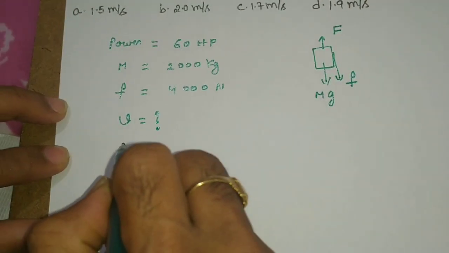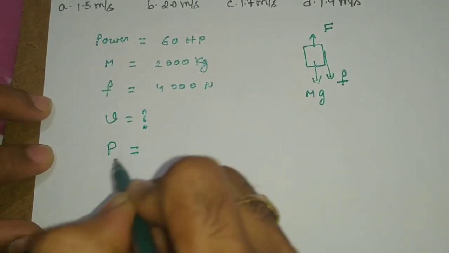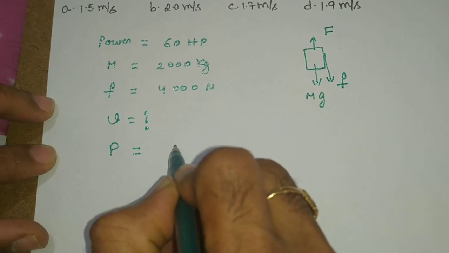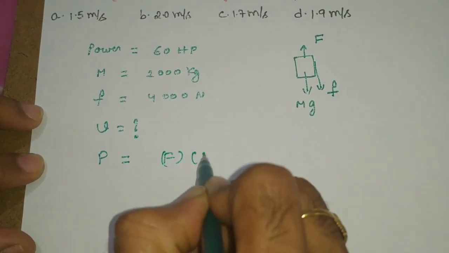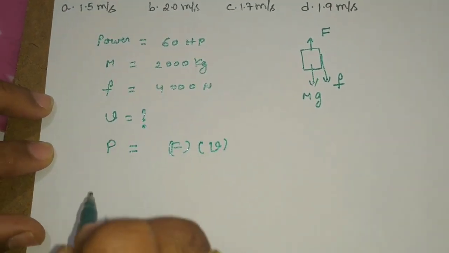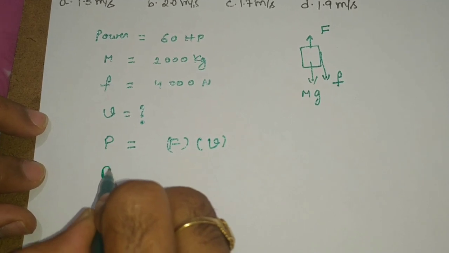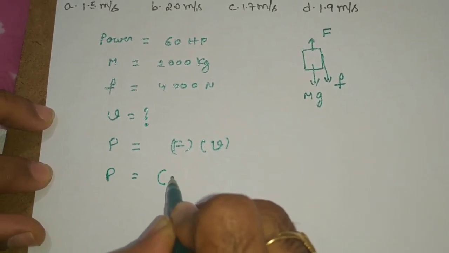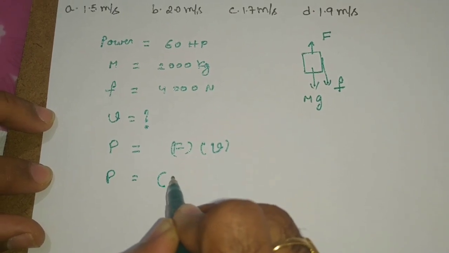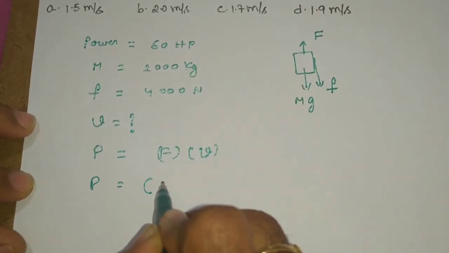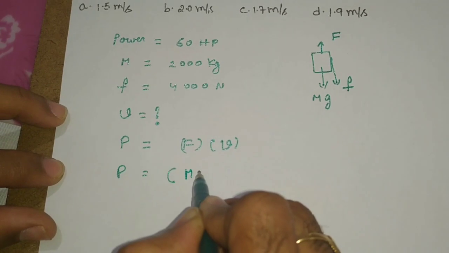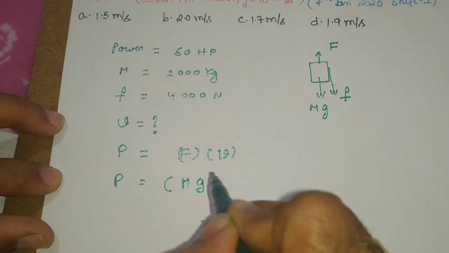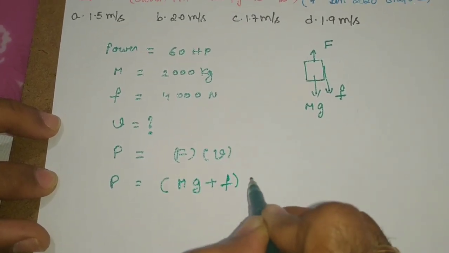Let P be the power of the elevator. Power is equal to force into velocity. Two forces are acting against the motion, so the force applied by the elevator to move it with uniform velocity is weight plus friction, into velocity.